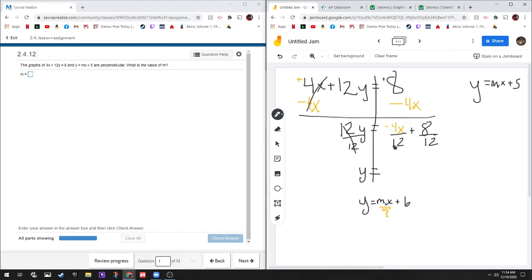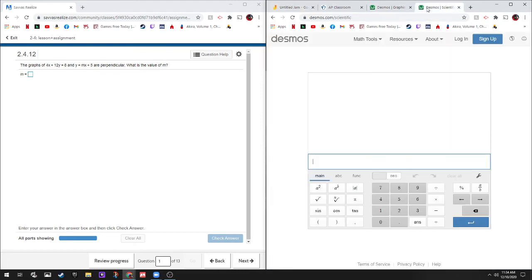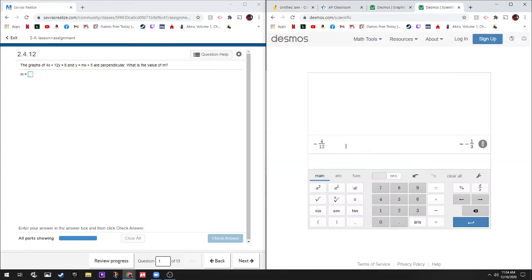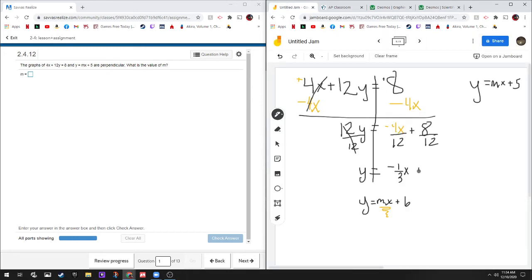Then negative 4 over 12, if we're not sure, we can use our calculator. So I got negative 1/3. Okay. So I can write negative 1/3 x, and then 8 over 12, 2/3.